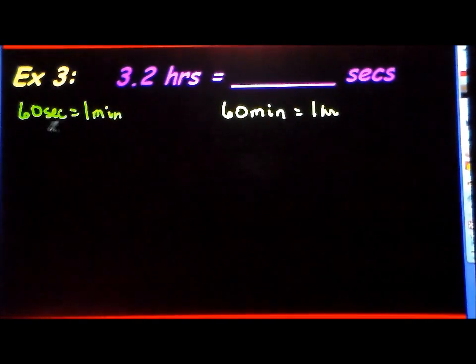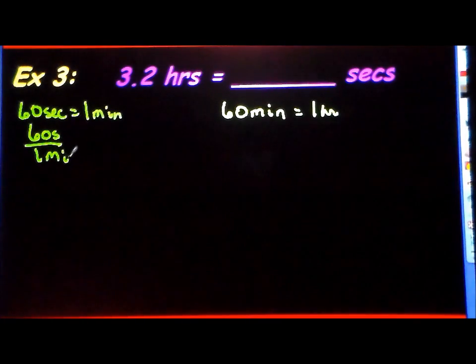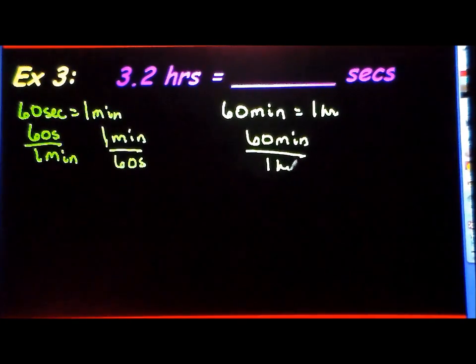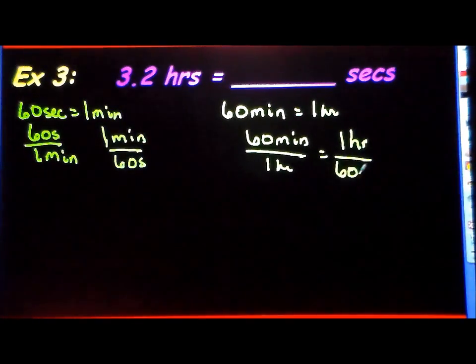So that means I can use 60 seconds over 1 minute, or 1 minute over 60 seconds. And then over here, the same thing, except 60 minutes to 1 hour, or 1 hour to 60 minutes.